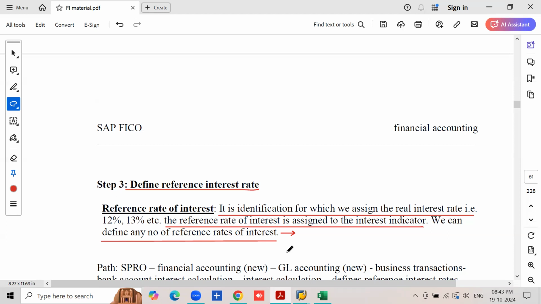Normally, for every actual rate of interest, we define one reference rate of interest.